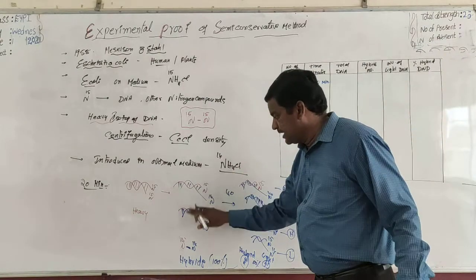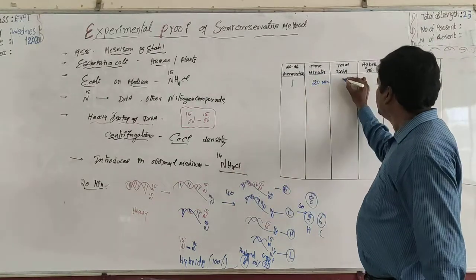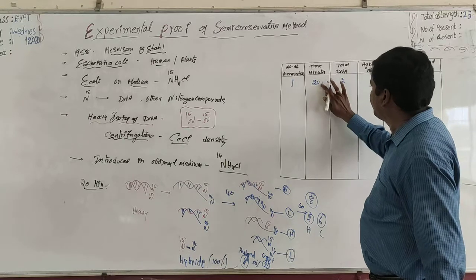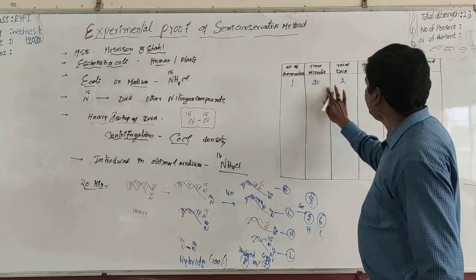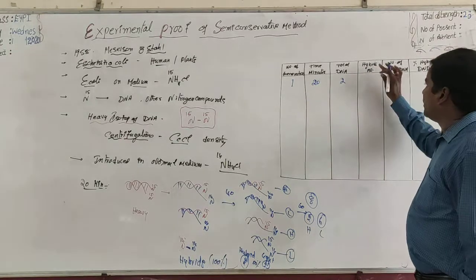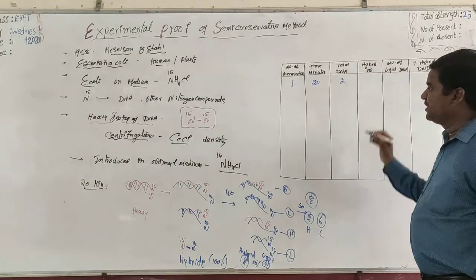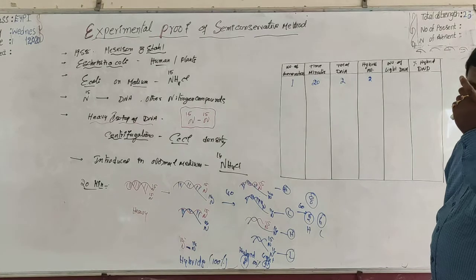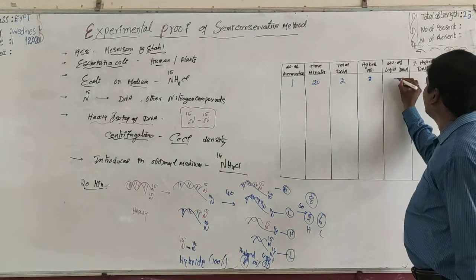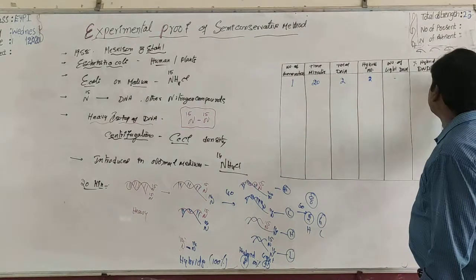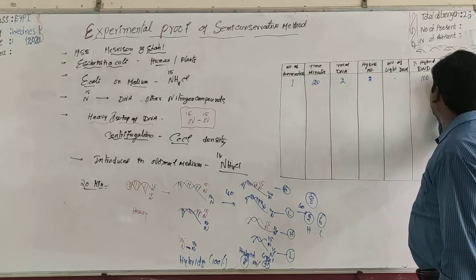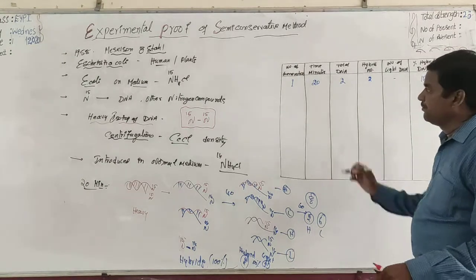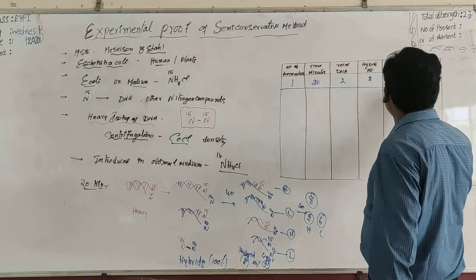One DNA is multiplied into two DNA molecules. And how many hybrids are there? Two DNA molecules are hybrids. No light DNA. Percentage of hybrid DNA 100%. This is the first generation.